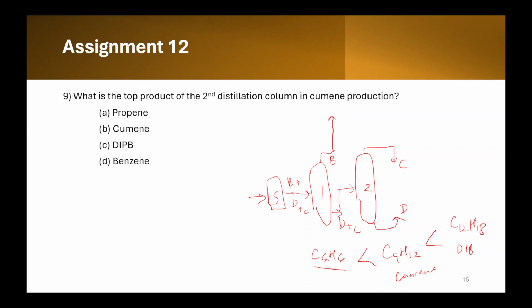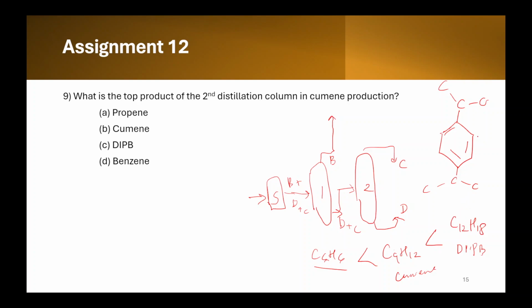I can just confirm the formula for DIPB once. So this is C, C, and C. This is again C and C and C. So you have C6 and again six more C. So C12 is correct.